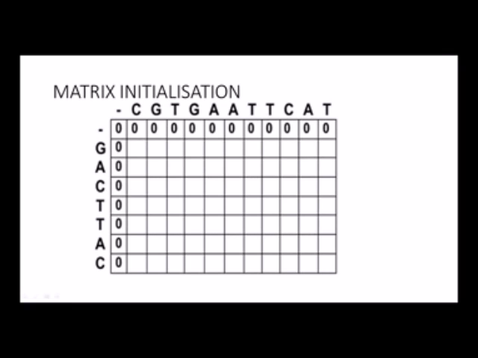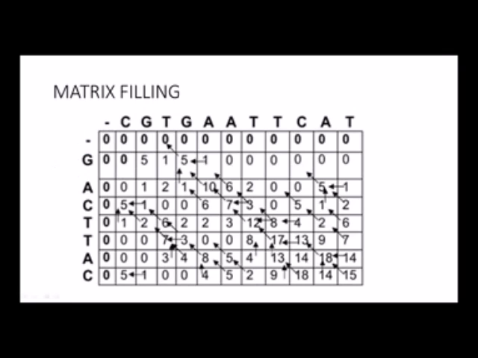This is the matrix initialization. All matrices are initialized as 0. These are the symbols used for filling the matrix using the scoring system. The left arrow is for deletion, the up arrow is for insertion. These both come under the gap penalty, and the diagonal arrow is for match or mismatch.